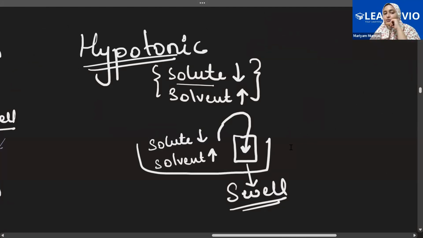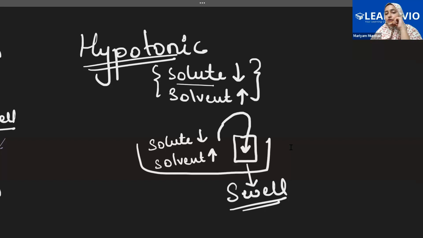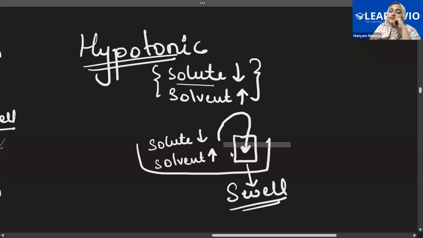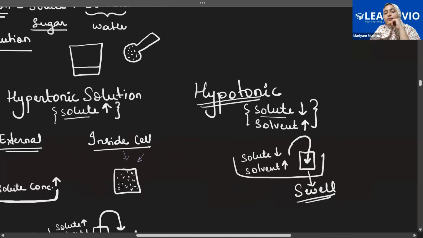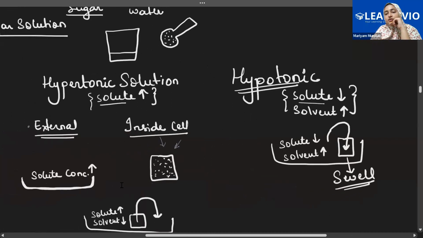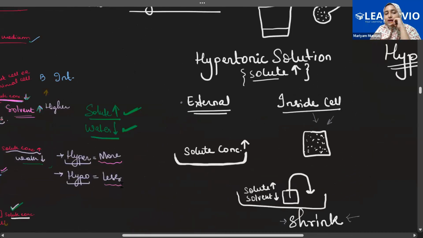Yes, it will swell. Exactly. In the hypotonic solution, the external environment has less solute and more solvent. So since more solvent is present in the external environment, the solvent from the external environment will move inside the cell, because of which the cell will swell up. So if you keep the cell in a hypotonic solution, the cell will swell up.